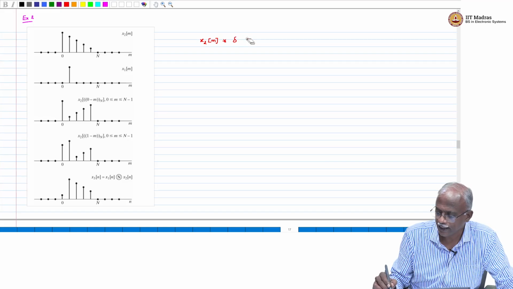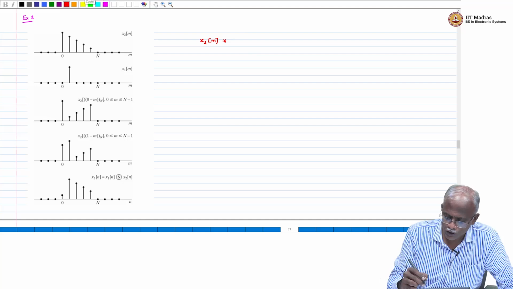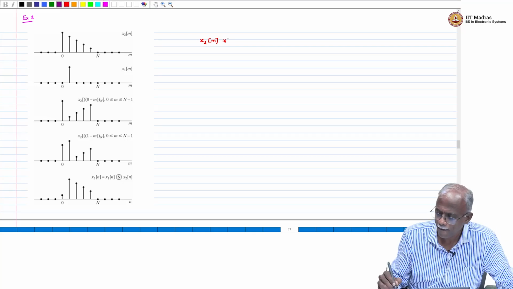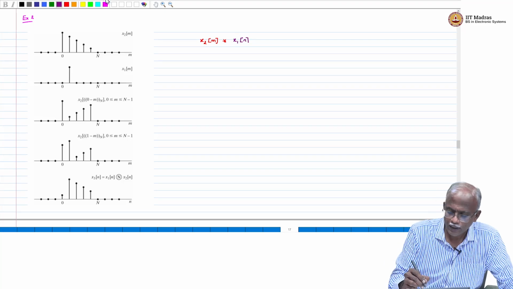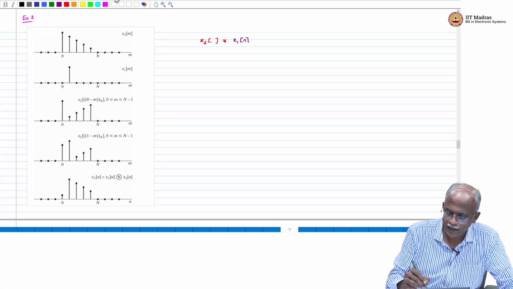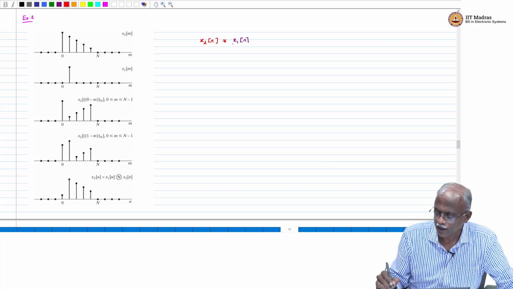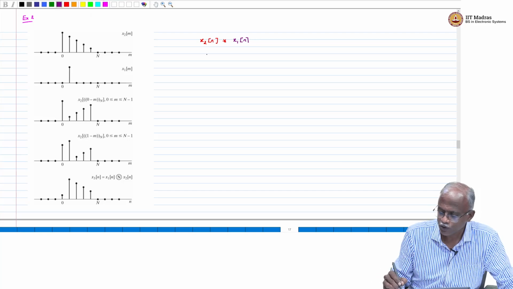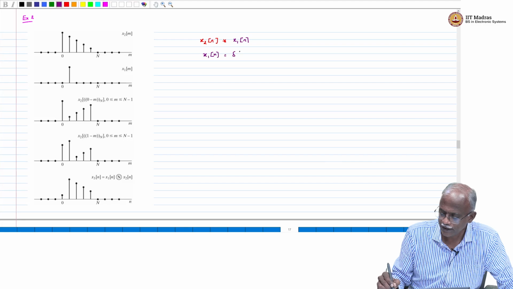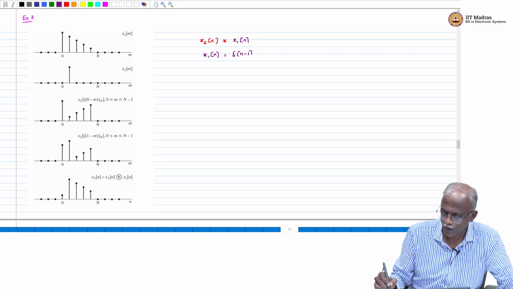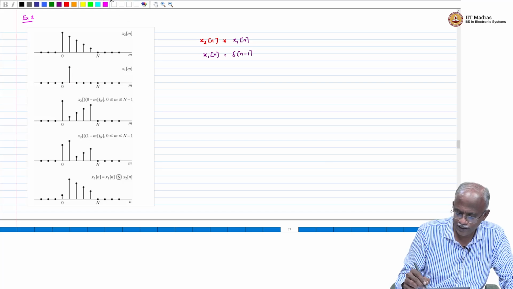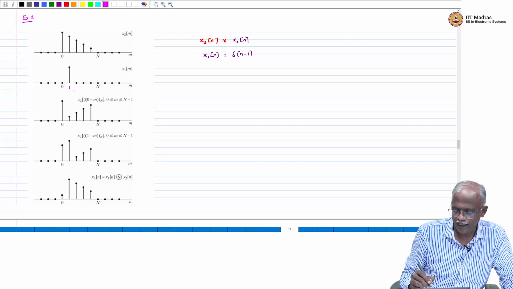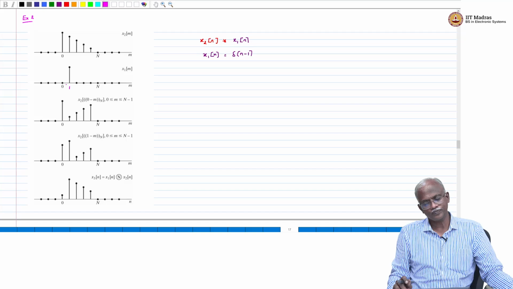Basically, this is x2 of n convolved with x1 of n, and x1 of n is equal to delta of n minus 1. It's an impulse signal, a unit impulse occurring at a sample value equal to 1.